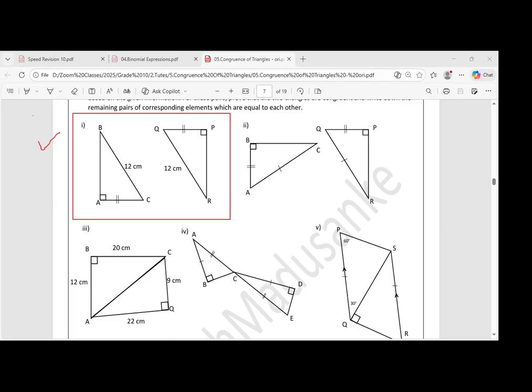The most important thing you need to know is how to identify the corresponding elements at the end. That is the most confusing part for you.